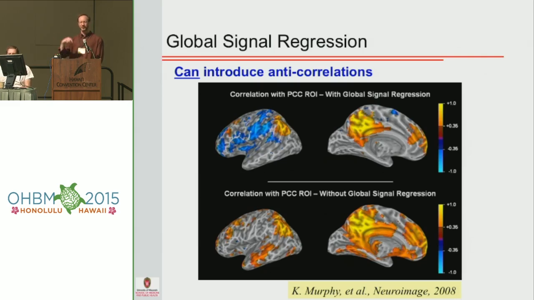Now, there was some work previously to that from Jonathan Power and others, suggesting that we have this interplay, this anti-correlation between task positive and task negative regions, and it certainly makes a lot of sense that as you ramp up activity in the default mode network areas, which are the areas that are more active at rest, as you decrease the activity in those areas when you start performing some sort of task, you have this negative relationship between task areas and the default mode network areas.